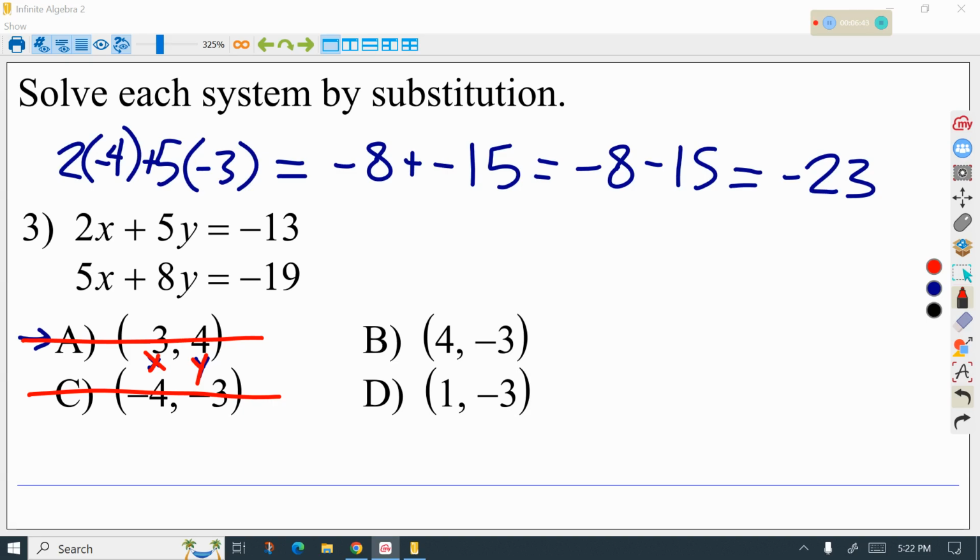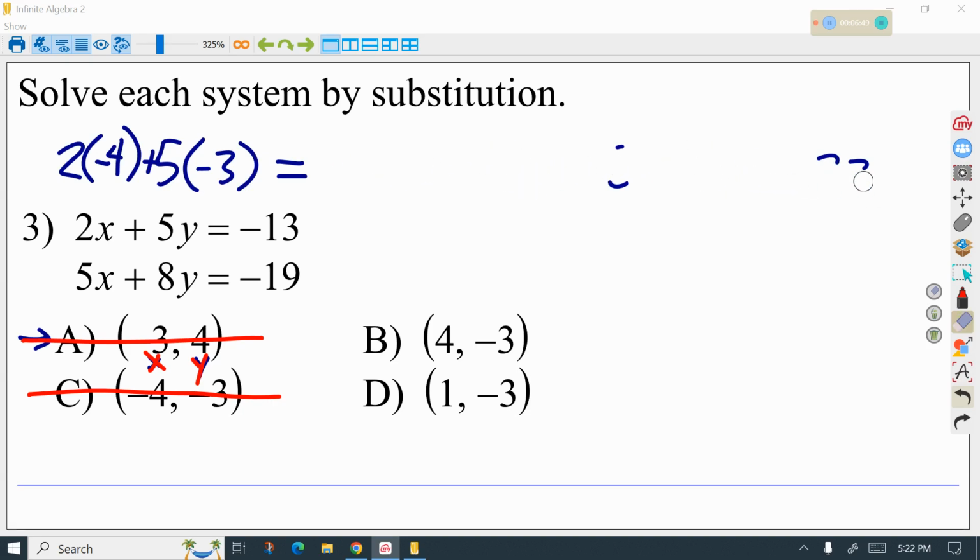So now it's got to be either B or D. And we've successfully brought it down to a 50-50. And notice that it wasn't really that much work. It was just a little bit of calculation, not a lot of writing. So we'll start with B and just see what happens. We'll plug in 4 for x, and we'll plug in negative 3 for y. And don't forget that x is getting plugged in for x, right? And y is getting plugged in for y, so just don't mess that up. Any kind of way the equation looks, that's how you do it. So we have 8. 5 times negative 3 is negative 15.